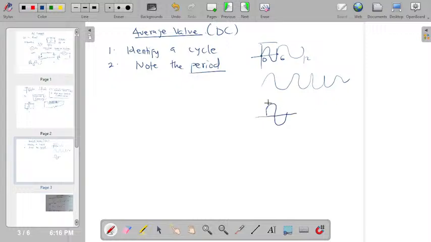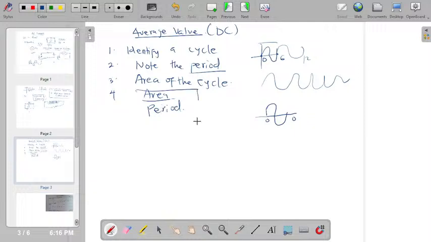The time taken for this to occur is what we call the period. After you've noted the period, the next thing you need to find is the area of the cycle you identified. This is very simple and very quick. Finally, we divide the area of the cycle by the period. As simple as that.